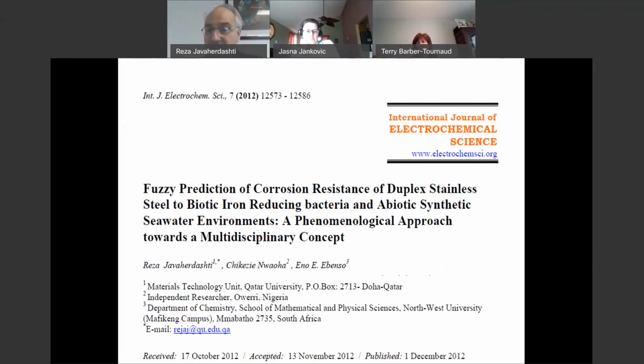Microbial corrosion is not a very easy issue to handle. And in order to explain it, when I was trying to model it, I used fuzzy logic in order to predict how we can rate corrosive effects of bacteria.